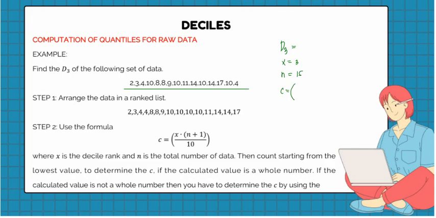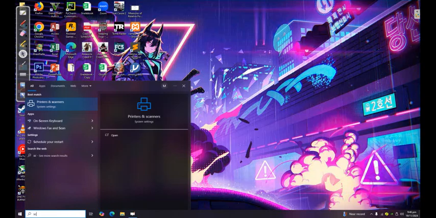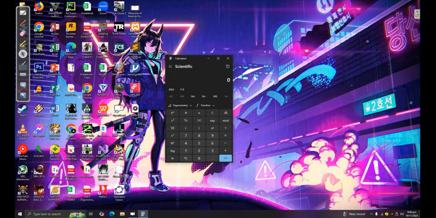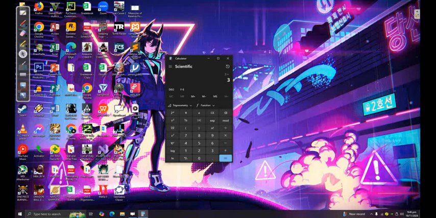So that's going to be 3 times (15 plus 1) divided by 10, and then that's going to be 3 times 16 divided by 10, and then the value would be, if I'm going to use the scientific calculator, 3 times 16 divided by 10, which is 4.8.